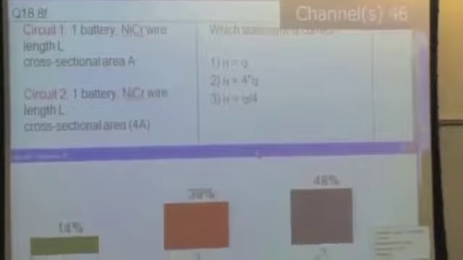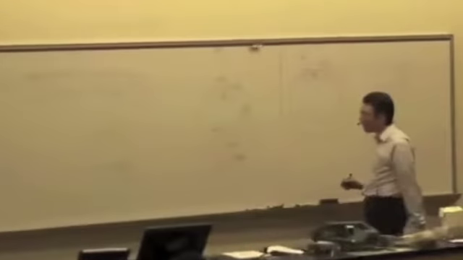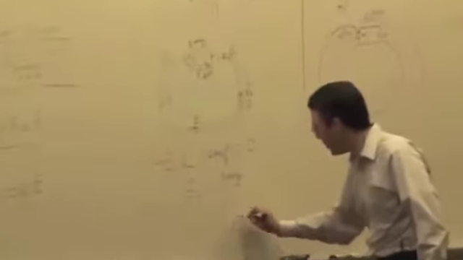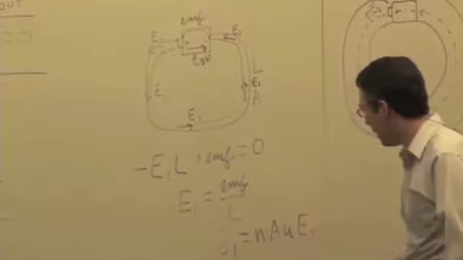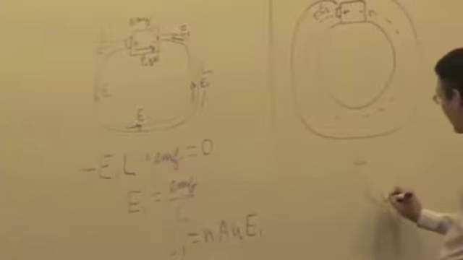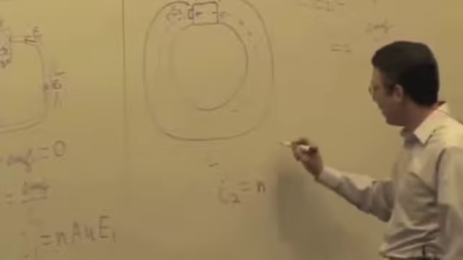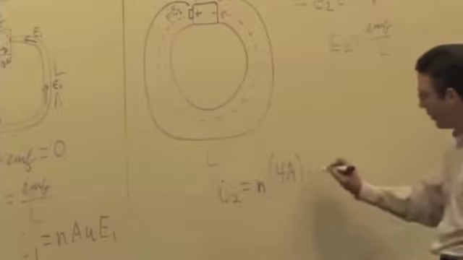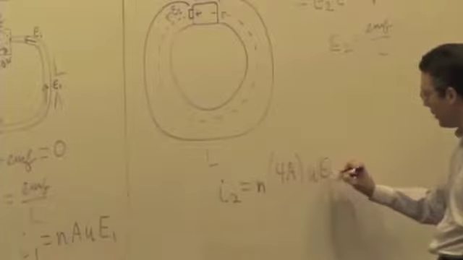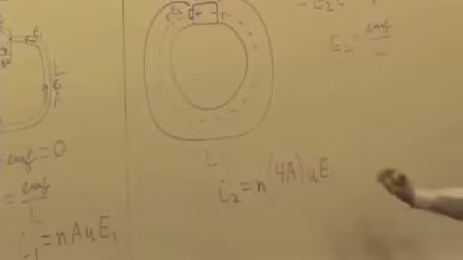Which wire is which? Okay, wire 1 is the smaller thickness, right? So we have I1 is equal to N A u E1, and I2 is equal to N, 4 times that area, 4A, u E2, which is the same E, so I'll just say E1.